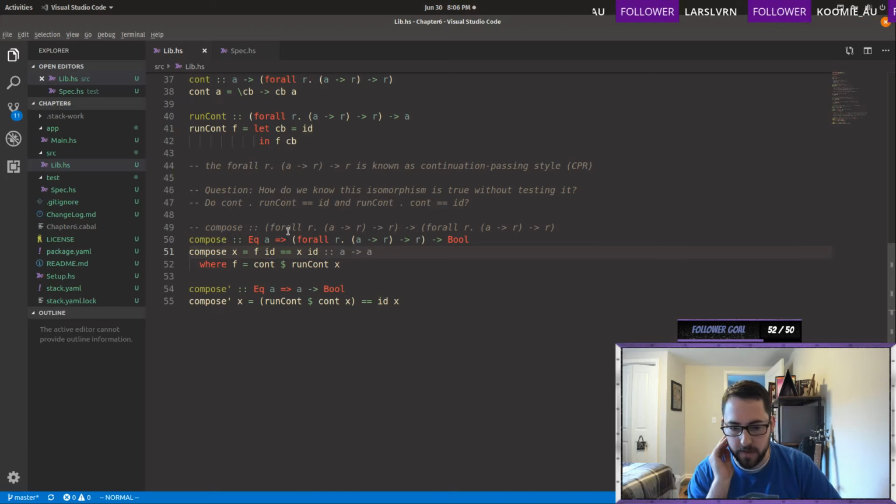By just looking at this type signature? That's enough? I don't know how to prove this from a formal mathematical standpoint. Yes, you're right. I agree with you. But I don't know how to prove that for all A's these things are the same from a mathematical standpoint. That's my problem.